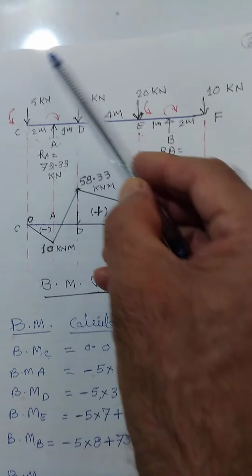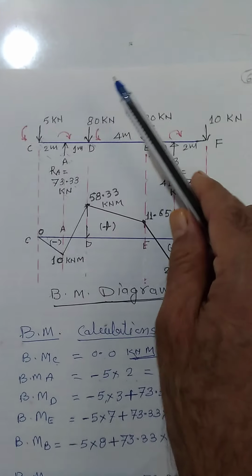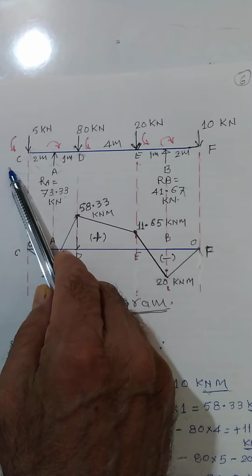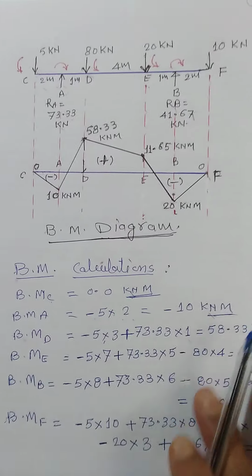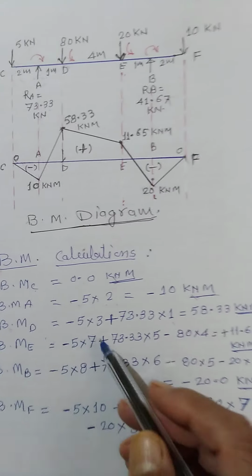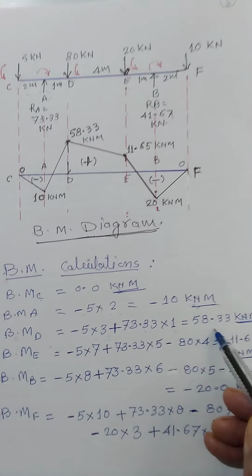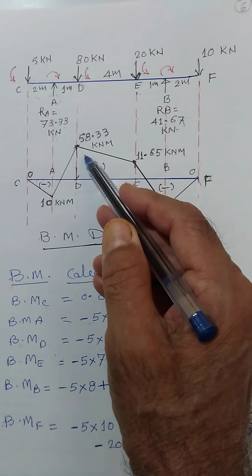One anti-clockwise, otherwise is clockwise. That is 5 into 3, it is negative, and RA into 1, it is positive. So if we go for D, minus 5 into 3 plus RA into 1, again it is positive. Now from negative it has shifted to the positive one.